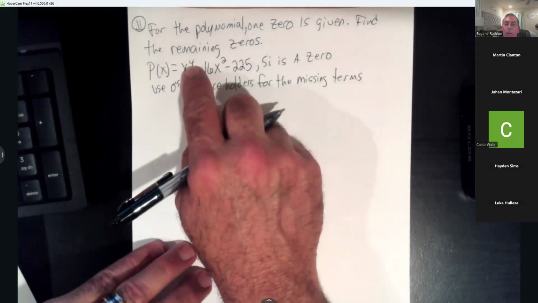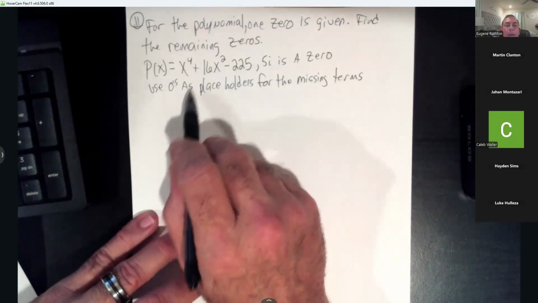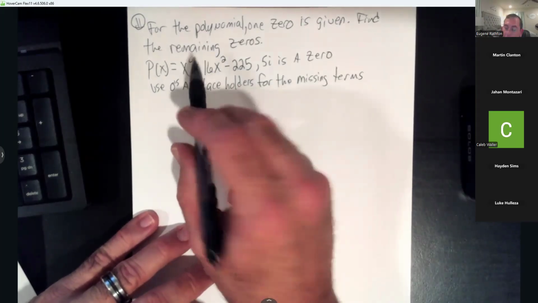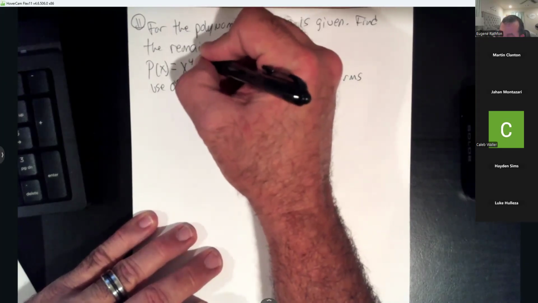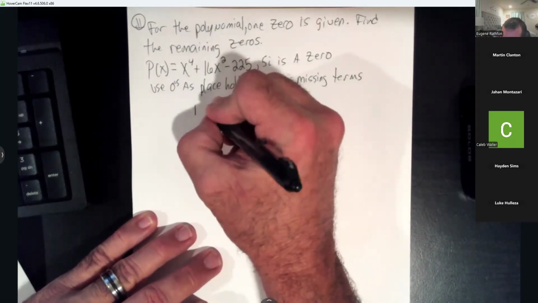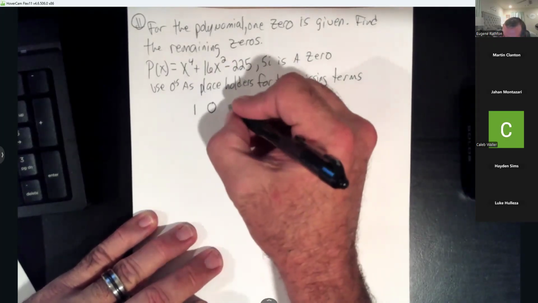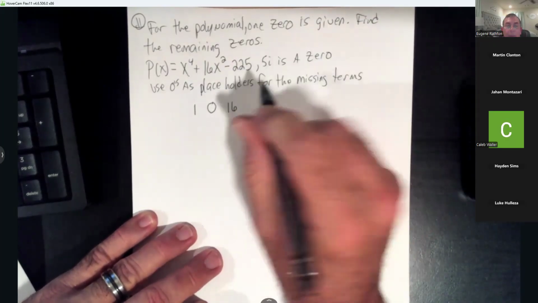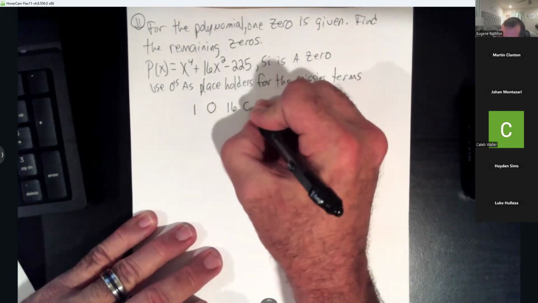You got an x4 term, its coefficient is a 1. But y'all, we don't have an x cubed term, so that's like a 0x cubed. We got the x squared term, so that's a 16. We don't have the x term in here, so that's another 0.